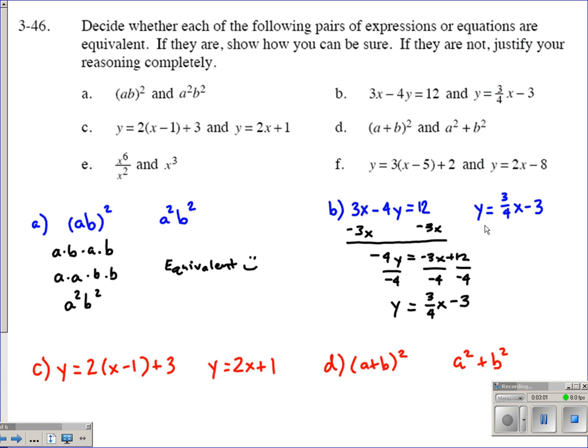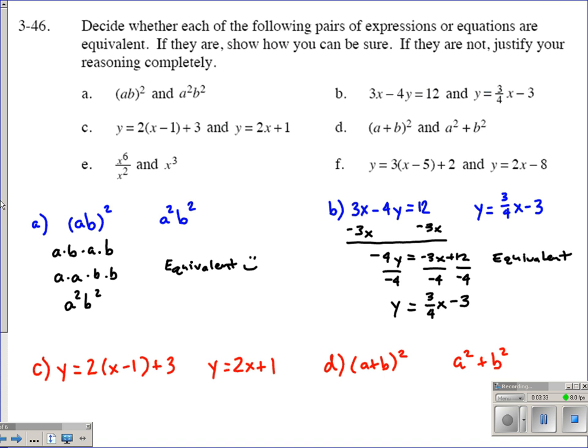Since that is exactly the same as the equation that we started with on the right here, it's safe to say that these two equations are equivalent. Now, if you want to plug in values for x and y, you should end up with the same outputs between the two equations. So we can state that these two equations are equivalent.